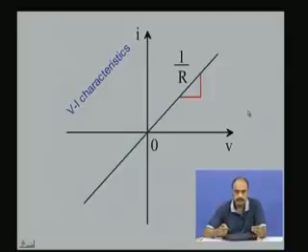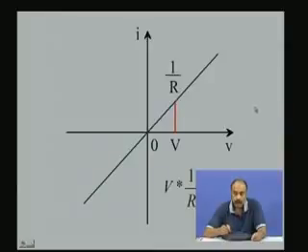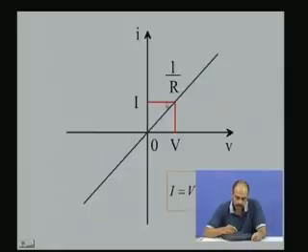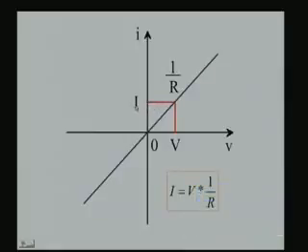This is the VI characteristic of a simple resistor. Coming back to this VI characteristic, let us take a point on the voltage axis and draw a line directly up to the resistor characteristic line, and from that intersection point we draw another line which intersects the current axis.